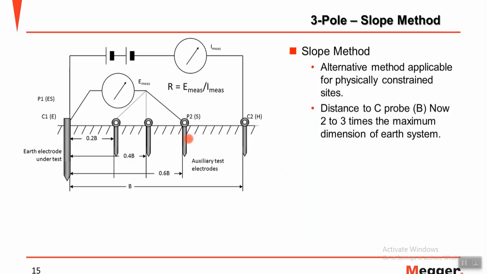But you need to know the center or the end of your grounding system. It is a rule of thumb for placing the current probe.